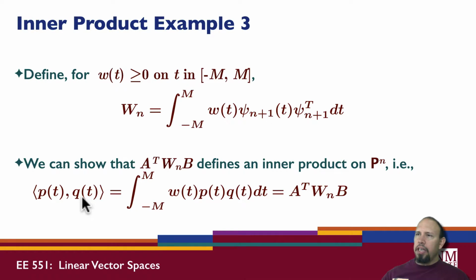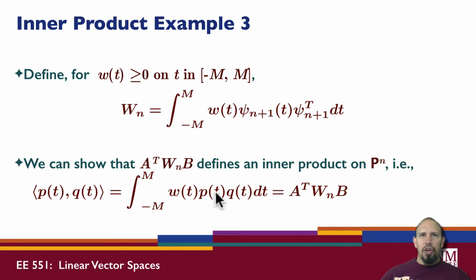Okay, so we can now go through and show that if we define this as our inner product of p and q, a polynomial p with a polynomial q, then this integral is actually equal to this product, A transpose Wn times B. The reason this works is because Q is equal to C transpose times B, and P is equal to C transpose times A. But again, I have a row times a column, I get a scalar.